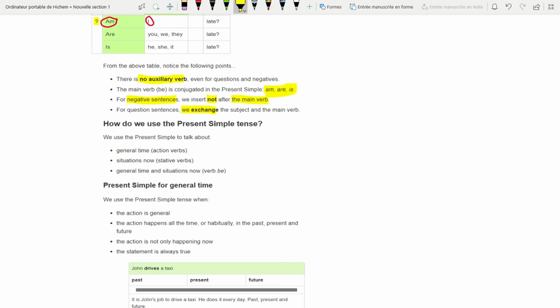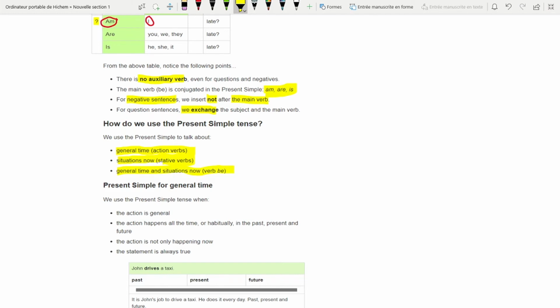We have it for general time, usually for action verbs. We have it for situations now, which means stative verbs. And then we have general time and situations now. Okay, this is usually made with verb be.